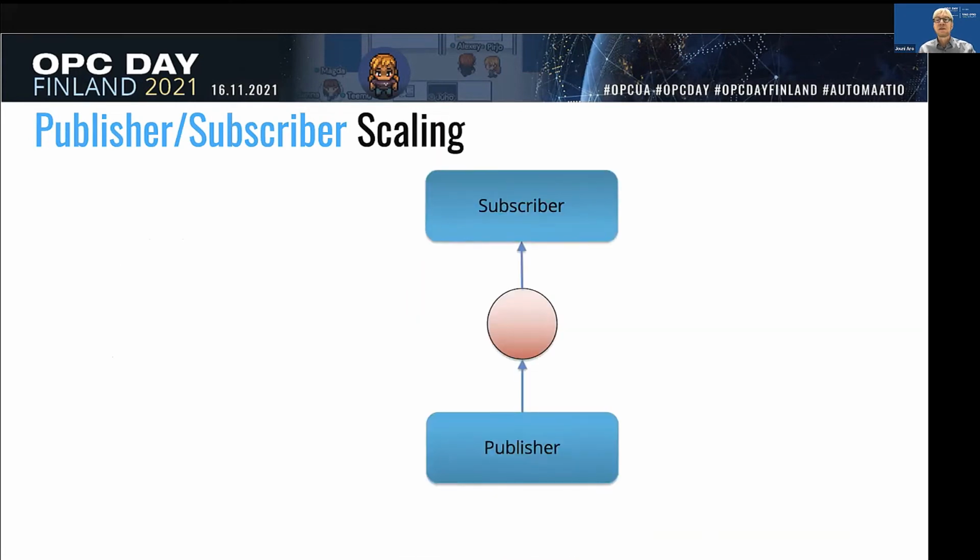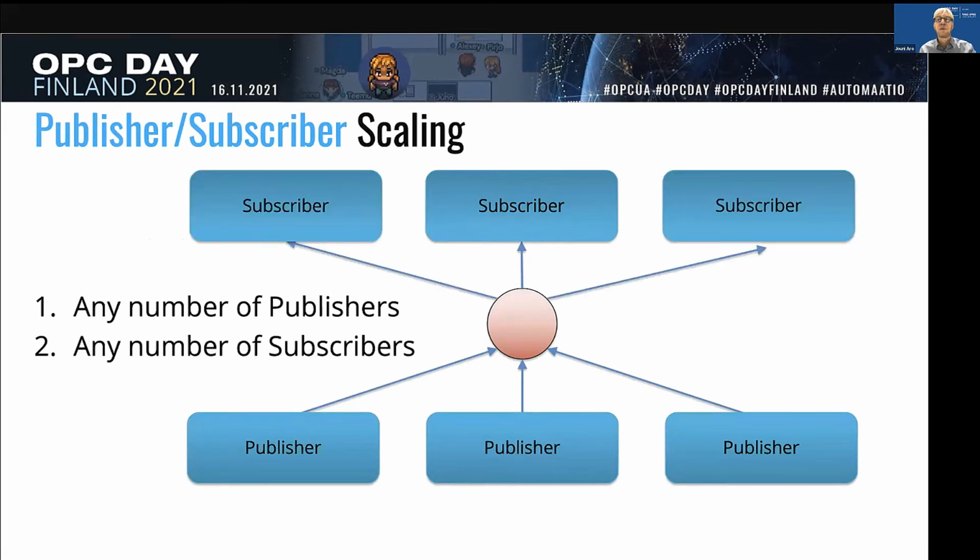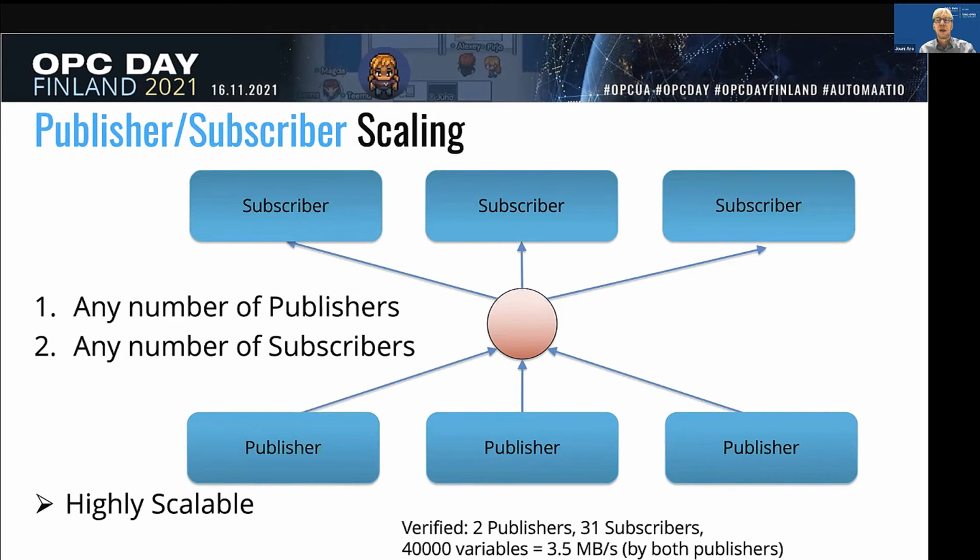This model scales. We can have basically any number of publishers, any number of subscribers, and they are not all connected to each other, but instead they are just connected to the same network. So this is highly scalable. We have a customer that has verified a scenario where they have 2 publishers and 31 subscribers in the same network.